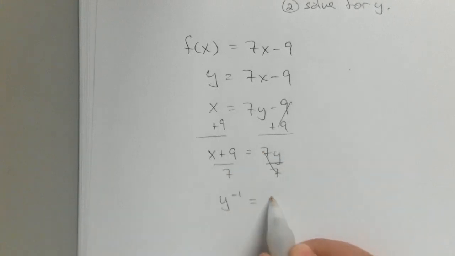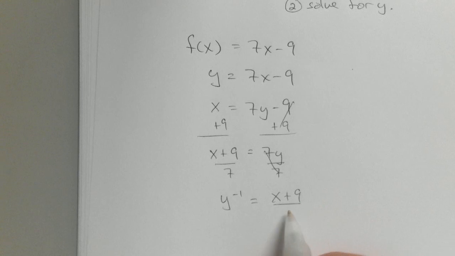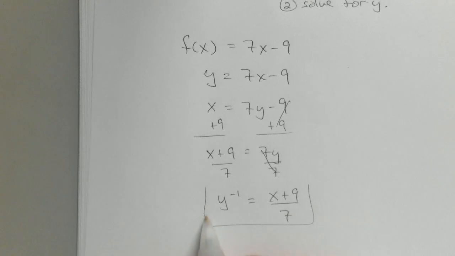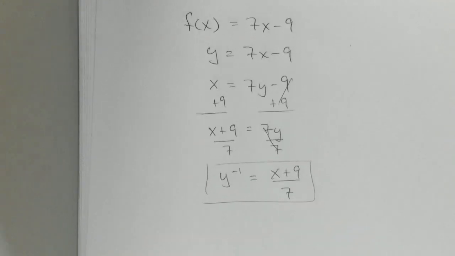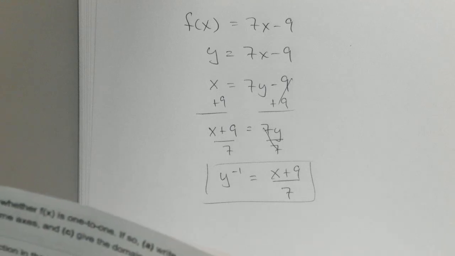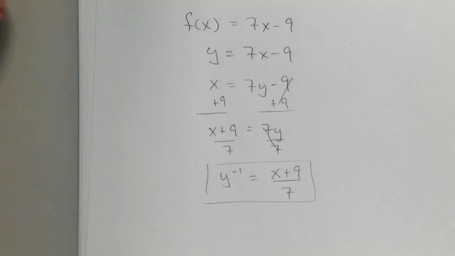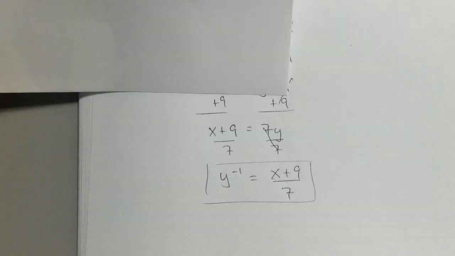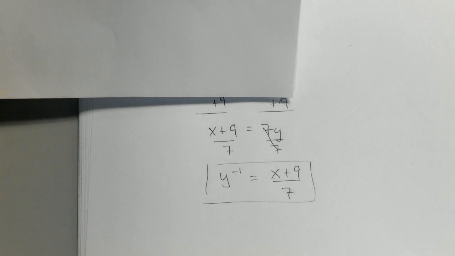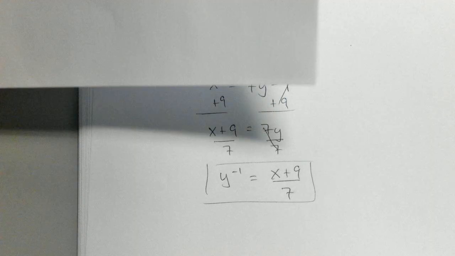So the inverse is x plus 9 over 7. Then it asks for the domain and the range.